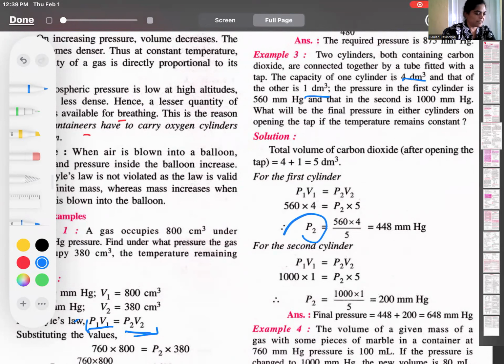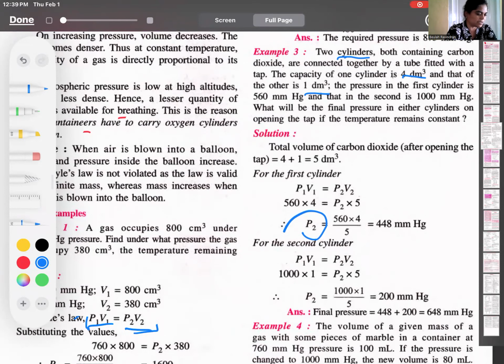Two cylinders have been taken, both containing carbon dioxide, connected by a tube fitted with a tap. The capacity of one cylinder and the other is given. The pressure in the first cylinder and the second is given. What will be the final pressure in either cylinder on opening the tap, if the temperature remains constant? For the first cylinder, you can take it like this.